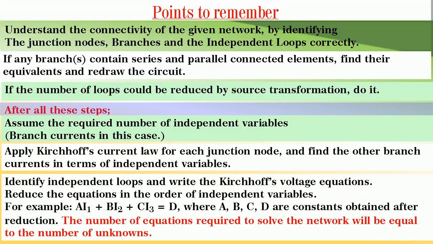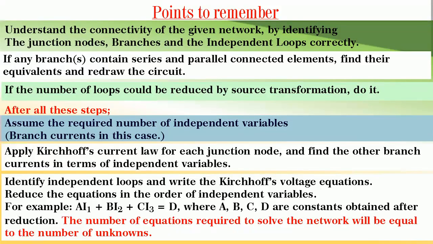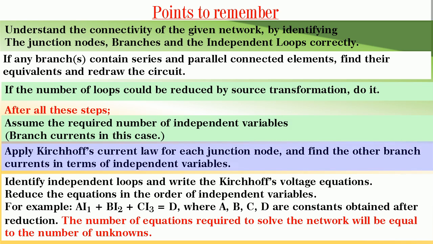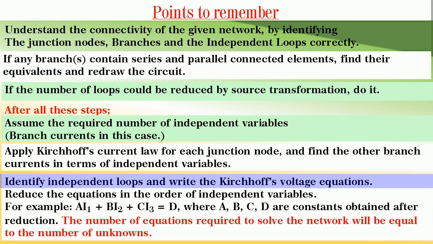After all these steps, assume the required number of independent variables, which are branch currents in our case. Apply Kirchhoff's current law for each junction node and find the other branch currents in terms of the assumed independent variables. Identify the independent loops and write the Kirchhoff's voltage equations.